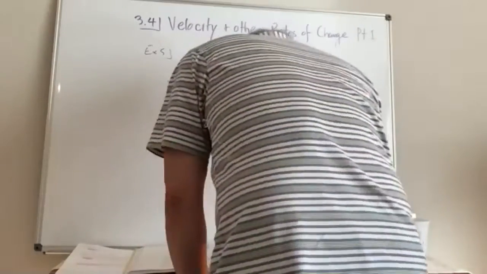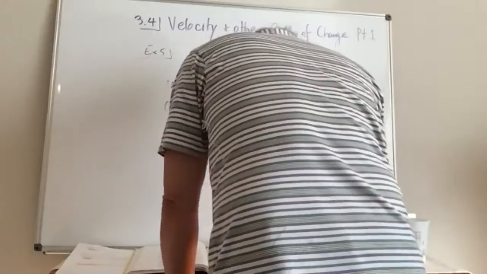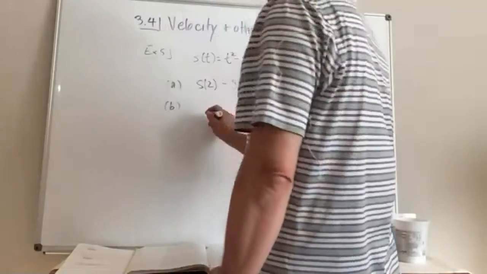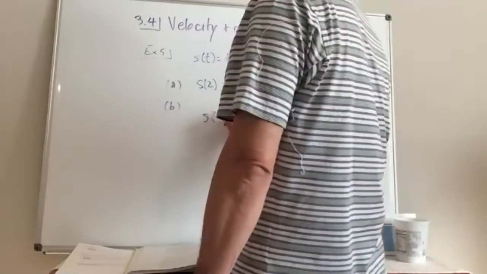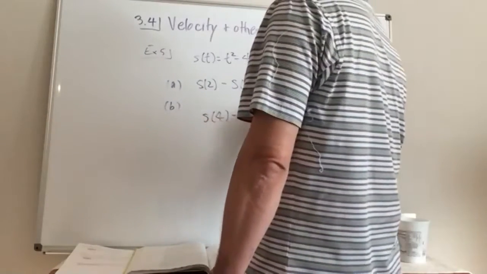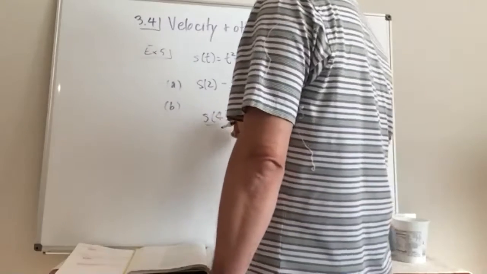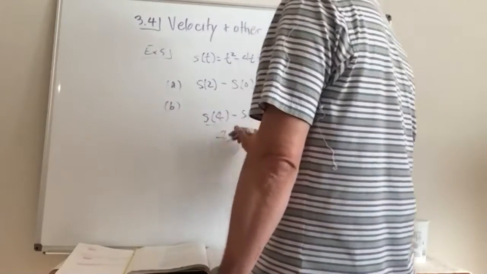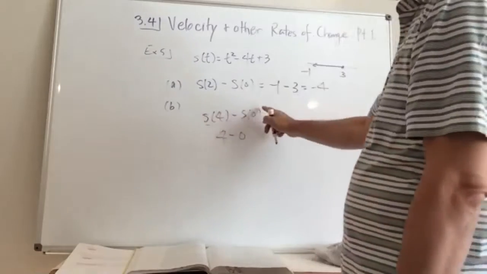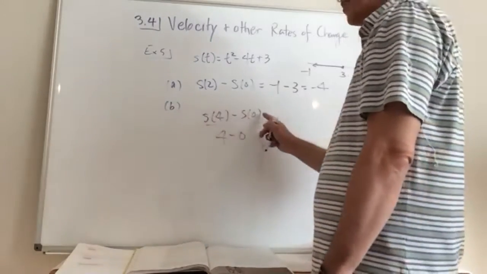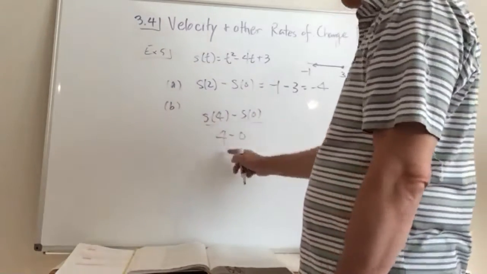B, find the average velocity of the particle during the first 4 seconds. Average velocity would be nothing more than S of 4 minus S of 0, over 4 minus 0, right? This is the rise, this is the run.